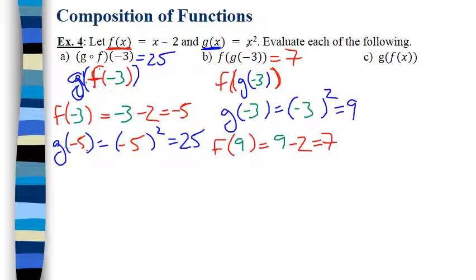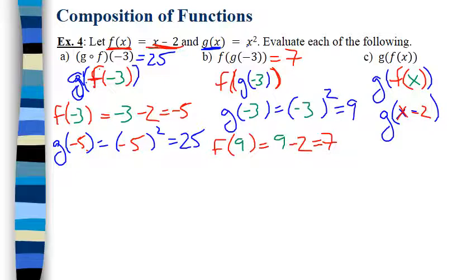We can do this even when our input is not a specific number, because if we're finding g of f of x, remember f of x is this function here. So f of x is x minus 2. So we want to find g of x minus 2.